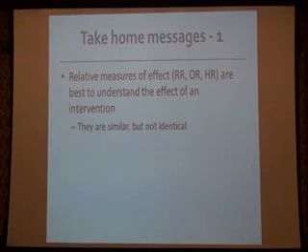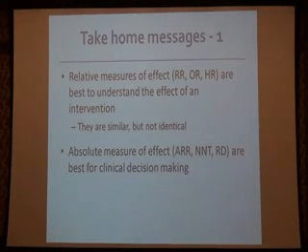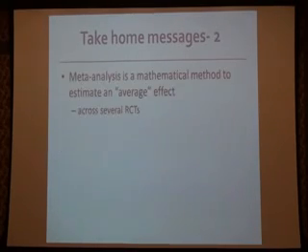They help us understand if there is an effect, but they don't tell us what is needed for decision making. They are good for pooling, they are good for meta-analysis, they are good to compare between different treatments, but when you want to assess the impact of a clinical decision on a population, you need absolute measures of effect: the absolute risk reduction, the risk difference, or the number needed to treat.